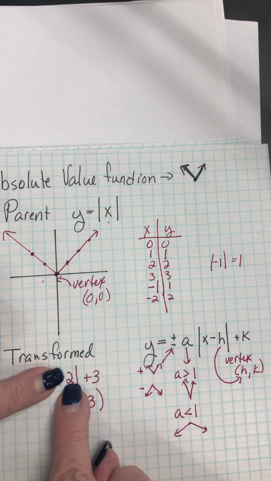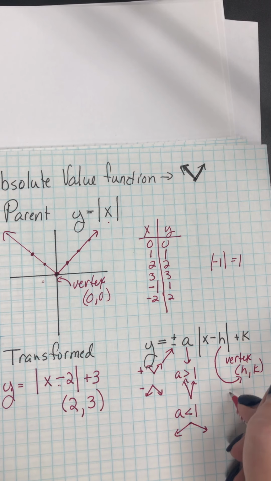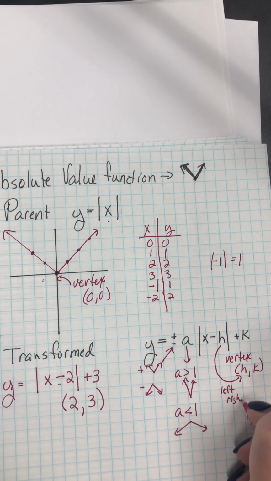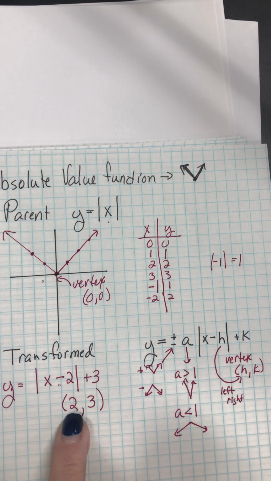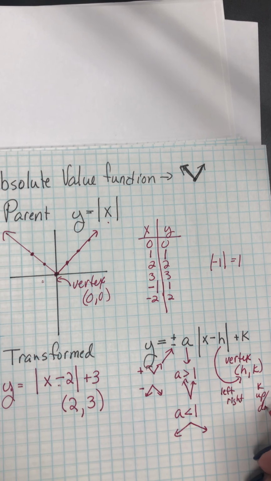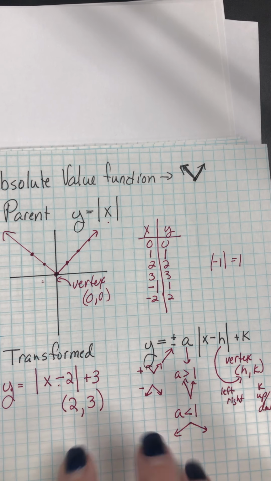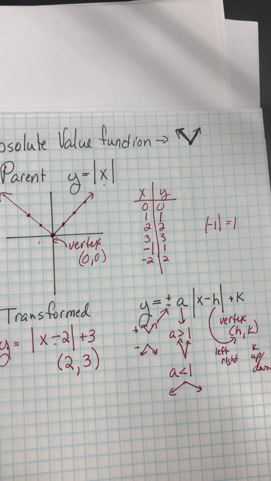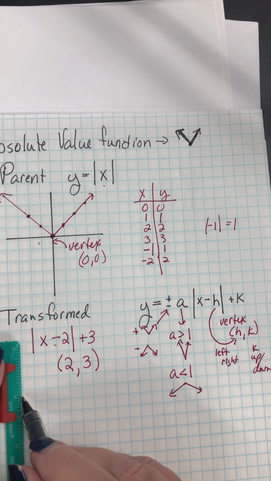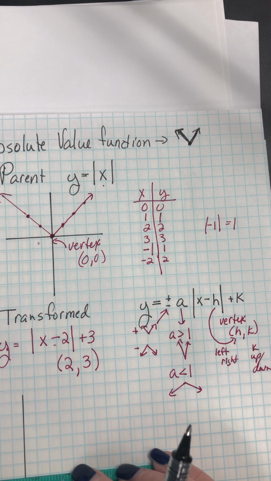The h is whatever number is right here. Also, h moves left or right. So this one's going to move right 2, and the k moves things up or down. So this is going to move my graph up 3. So I'm going to know that the center, the vertex of my absolute value, is going to be at 2, 3.